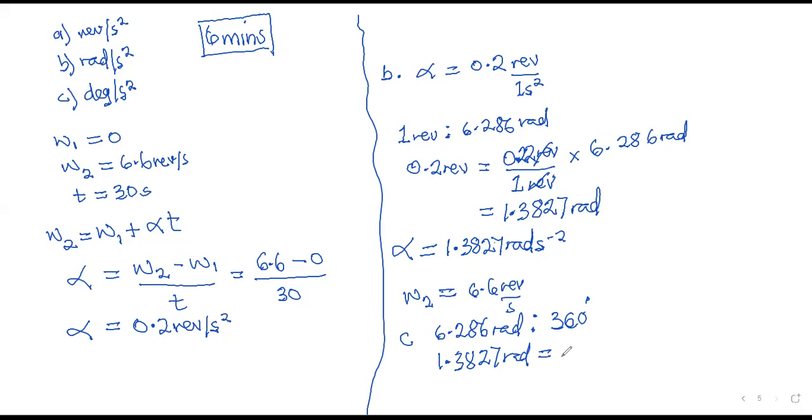Of course, it will be less. So if less, more divide. So 1.3827 divided by 6.286 times 360 will convert this to degree. Please compute that for me. Calculate that for me.